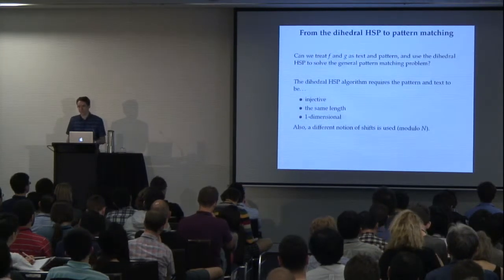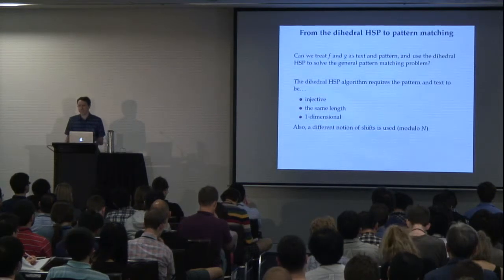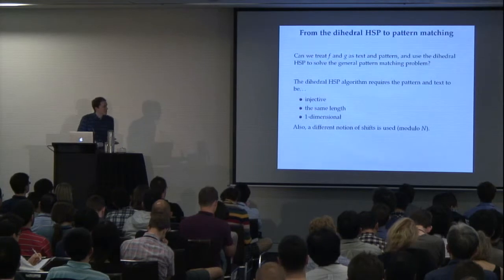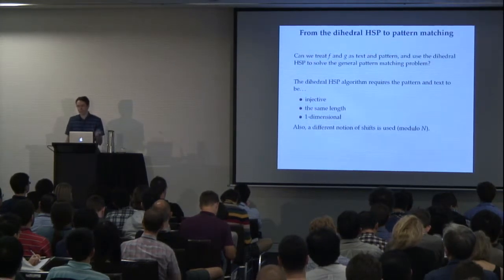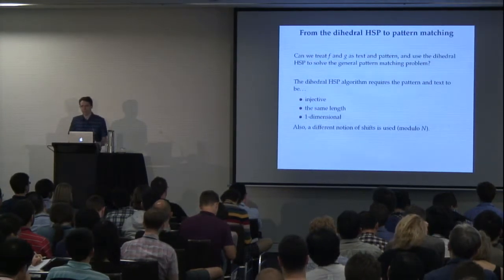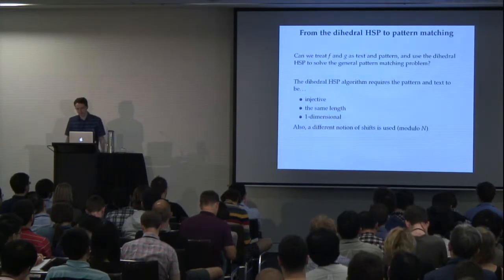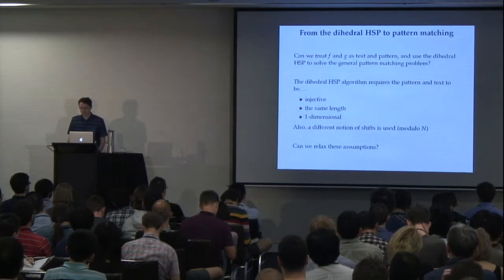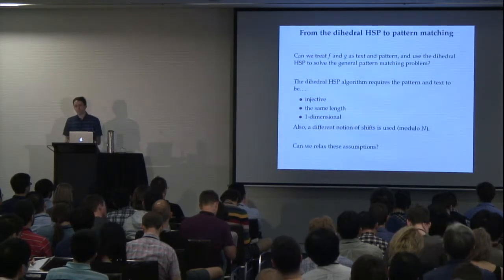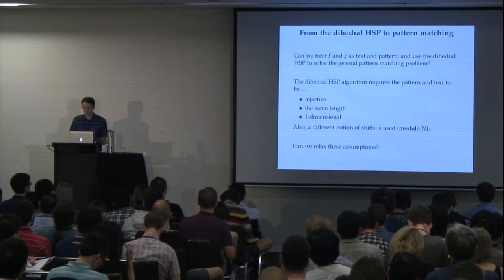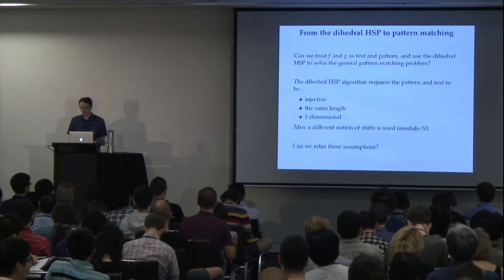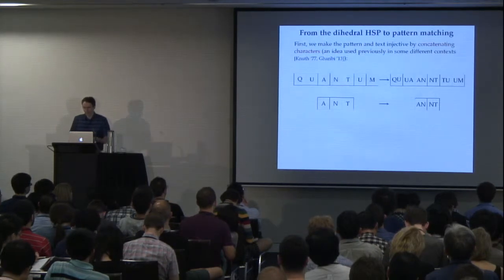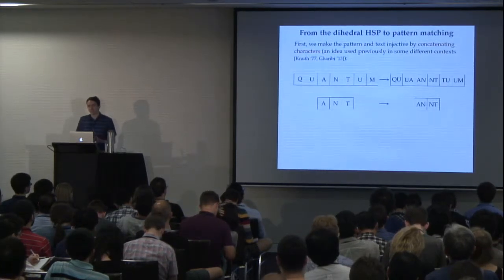We're only looking at shifts in this 1D cyclic setting. And this notion of shift is somehow a bit different, because we're doing shifting modulo n, so we go round in a cyclic way, rather than looking at shifts where we don't allow this. So what we'd like to do is somehow merge this algorithm and this problem, and relax these assumptions. Okay, and we're just going to go through relaxing these assumptions one by one.